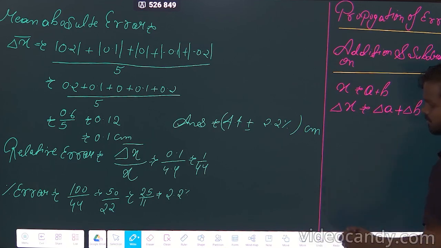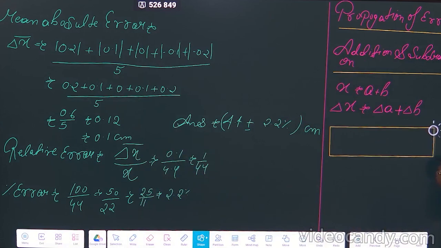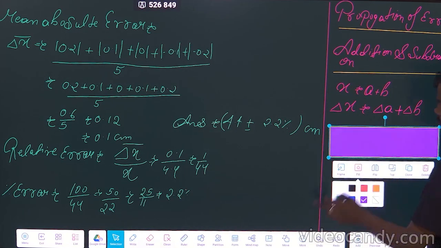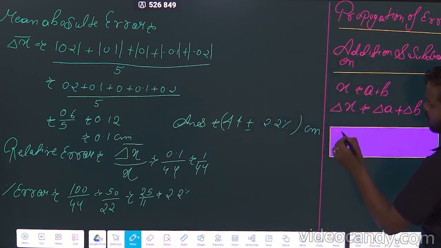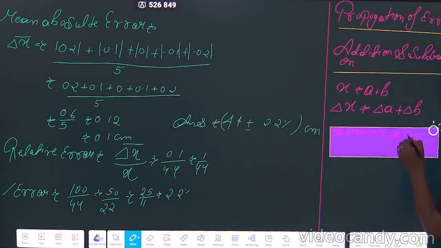What I understand from here is that the error in x is the sum of the errors in a and b. That is the thing you should understand from this expression.